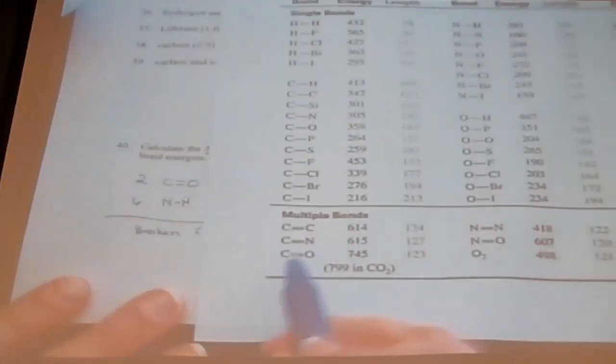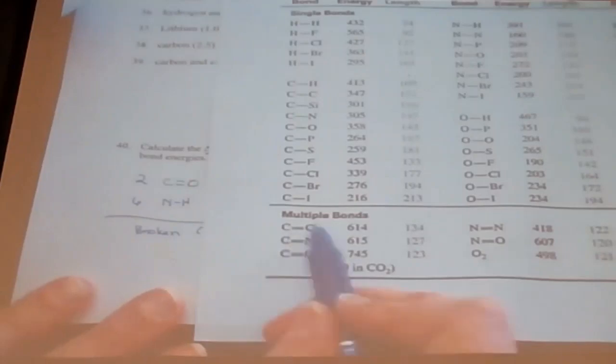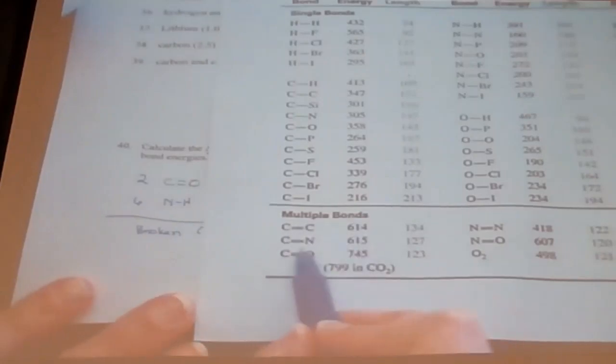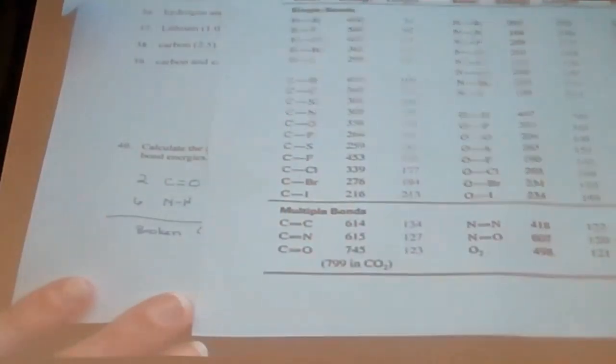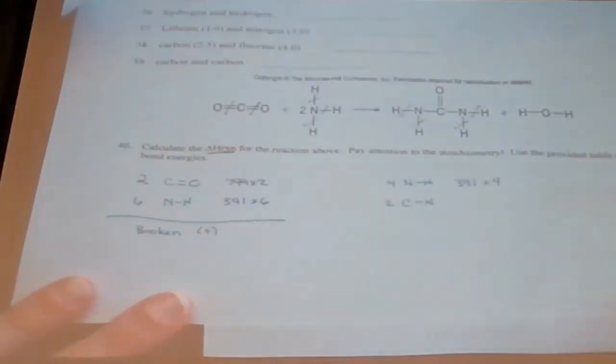And then notice I have carbon-nitrogen down here, but this is in my multiple bond or double bond. That was a single bond. So I'm going to come up here. The 305 is what I want. Right, so I got both of those. And now I've got the carbon oxygen double bond.